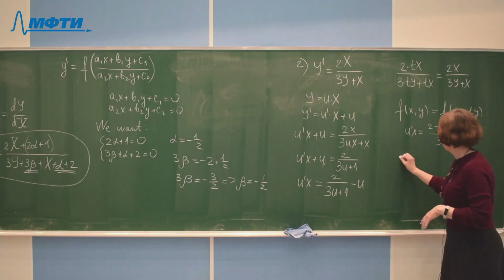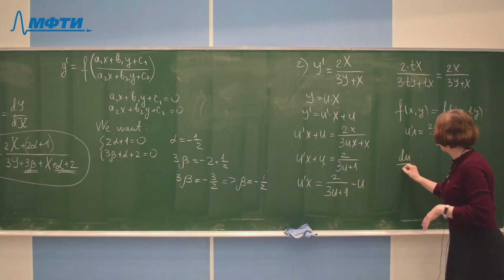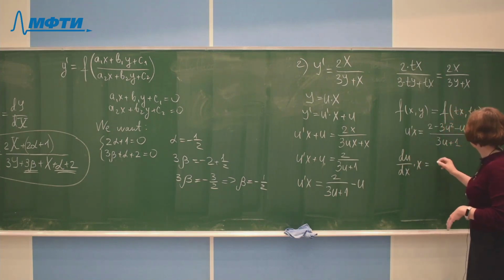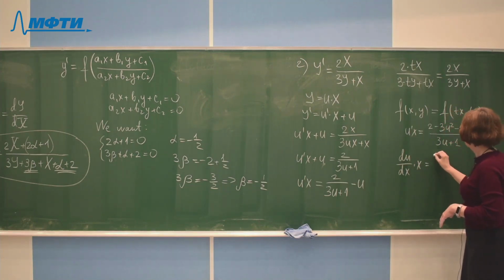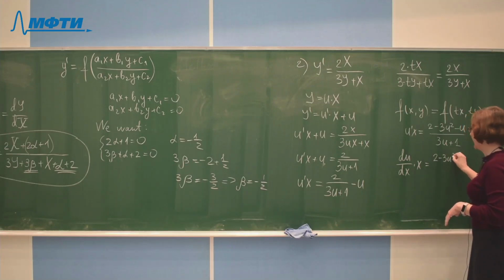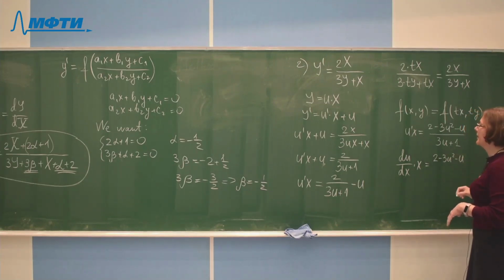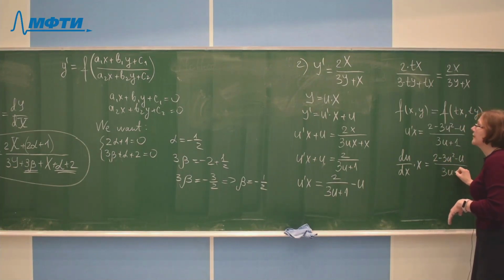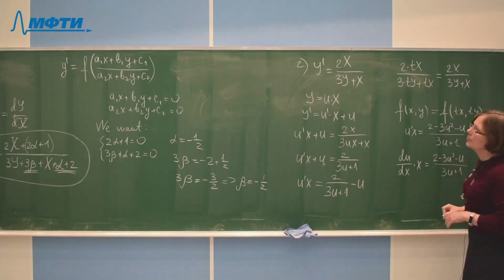And then du over dx times x equals 2 minus 3u squared minus u over 3u plus 1.